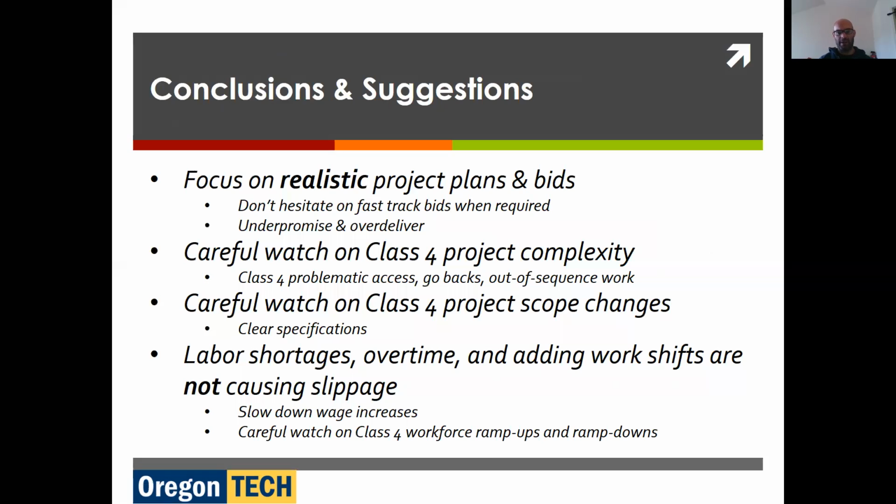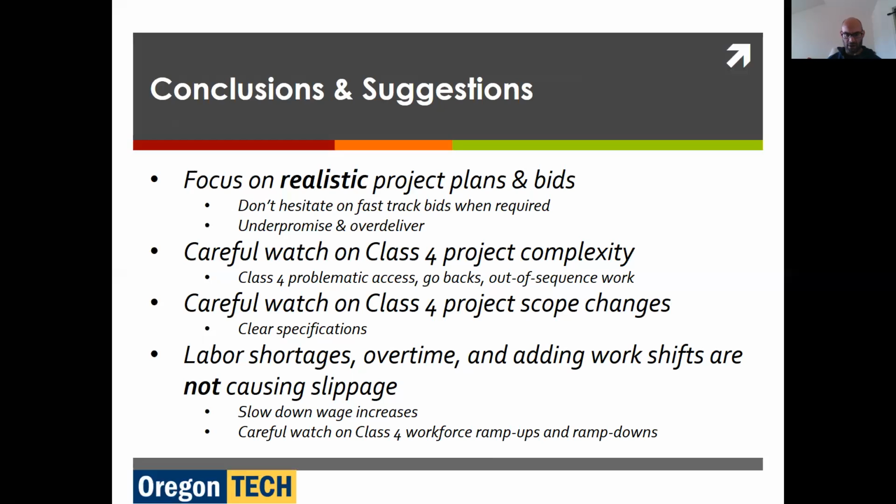Look at problematic access, go backs, and out of sequence work. When we hit class 4 on those, adding to the complexity, or even performing the work out of sequence, we do have a spike in slippage. We need to watch those.